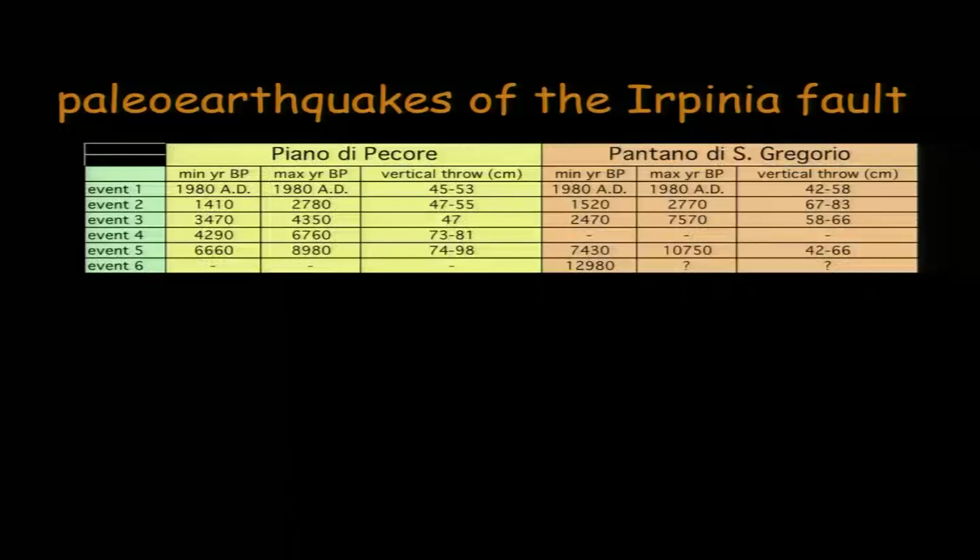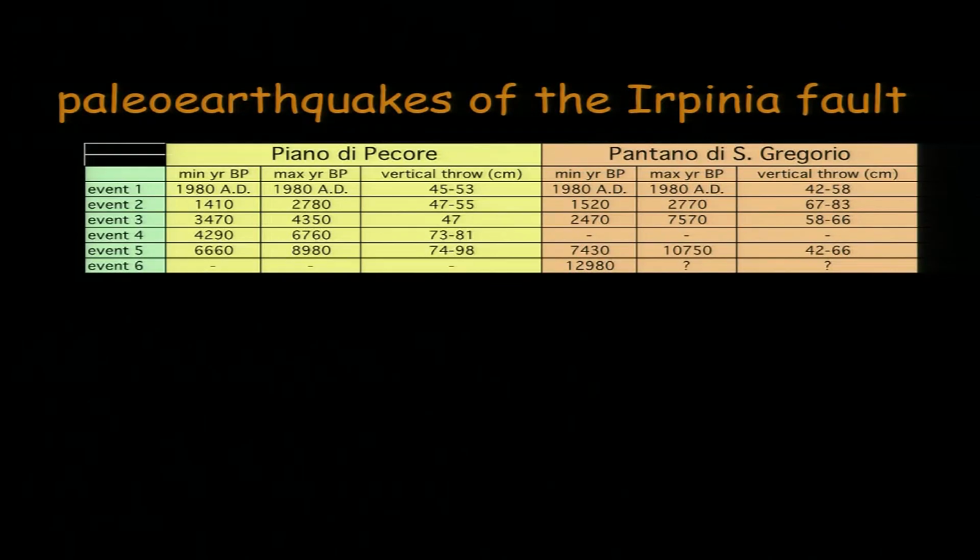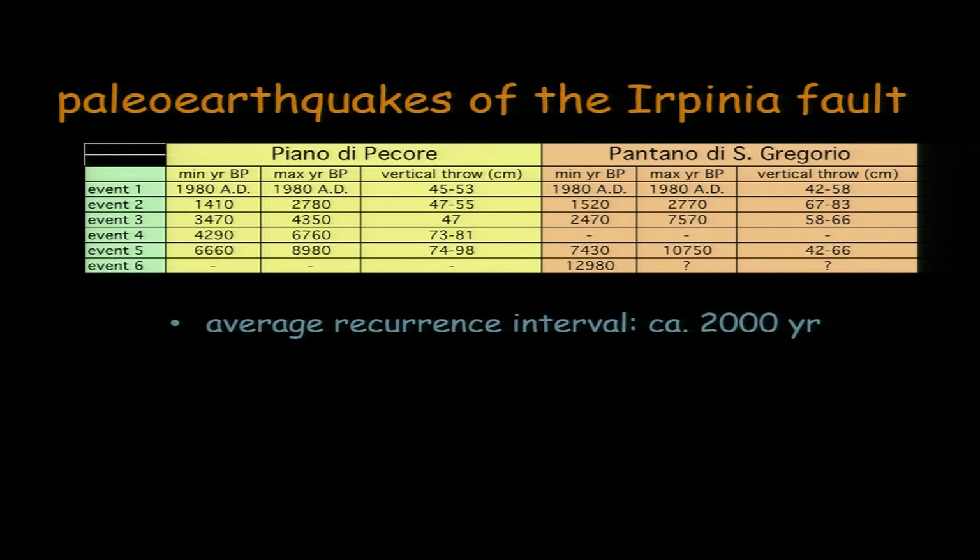So, paleoearthquakes of the Irpinian fault, this is what they identified, based on different events. Event 1, which has the minimum age, definitely was 1980, and then event 2 was during this period or between these two, and event 3 between these two ages, and so on.